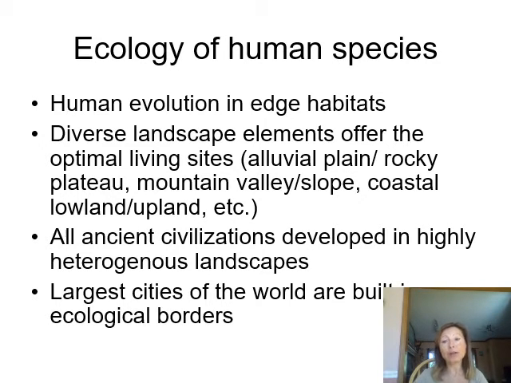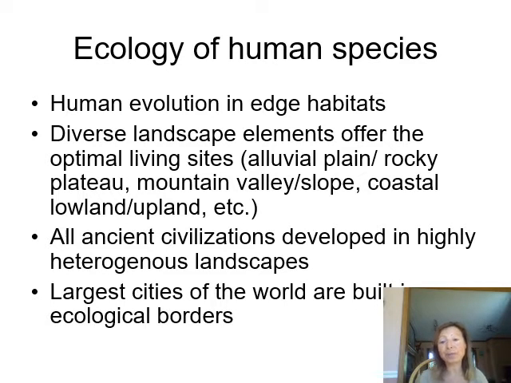We would always find those edges, those boundaries, associated with human settlements in the past. And we also see this very strong preference for coastal or other edge areas in our present preferences.